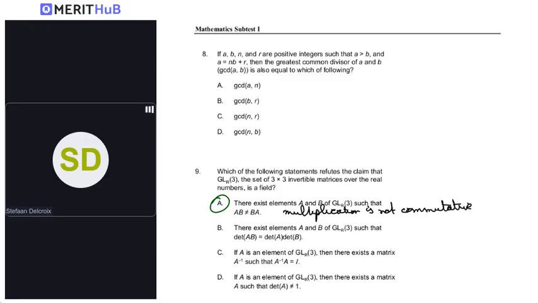There's a multiplicative inverse. There are inverses. But that is needed for a field. So this doesn't show it's not a field because it's needed to be a field. So that's why the correct answer here is A.